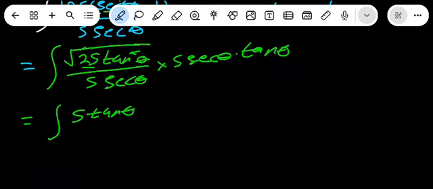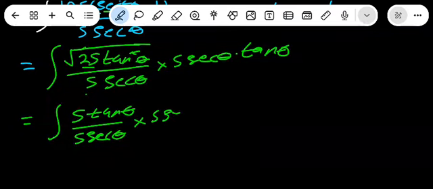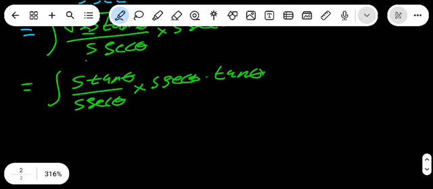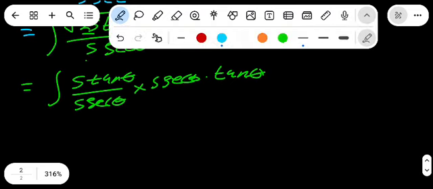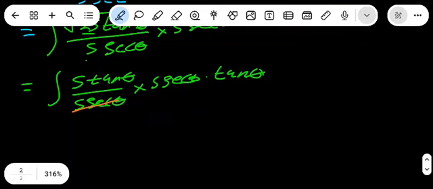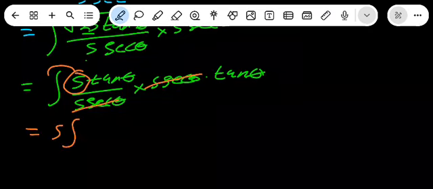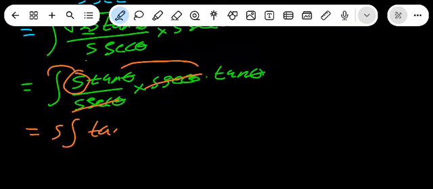We'll have over 5 secant theta multiplied by 5 sec theta multiplied by tan theta. All right, so these two, this and this, will cancel. We'll be left with this. Let's take 5 outside of the integral. We'll have 5 times the integral of tan times tan, which is tan squared theta d theta.